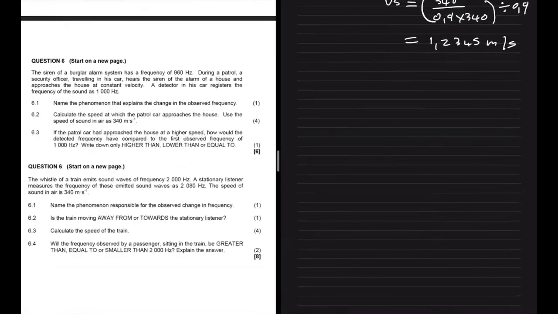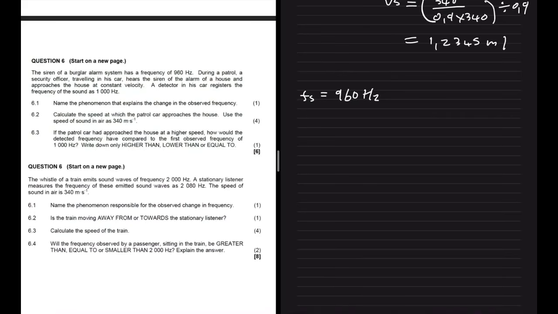Question 6. We're going to read the problem statement again, like we always do. The siren of a burglar alarm system has a frequency of source, I'm assuming frequency of source equals 960 Hz. During a patrol, a security officer traveling in his car hears the siren of the alarm of a house and approaches the house at a constant velocity.